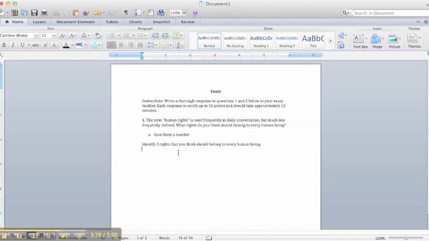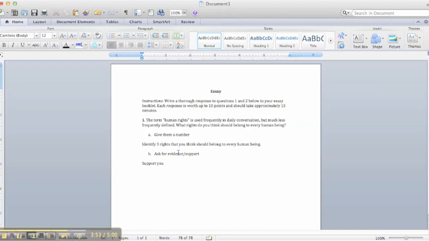Okay, now I'm also going to say B, ask for evidence or support. Okay, so they should have to back up their statements with evidence or support. Okay, so identify 3 rights that you think every human should have.